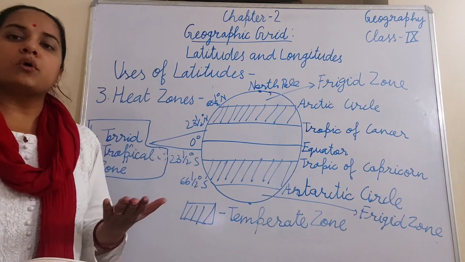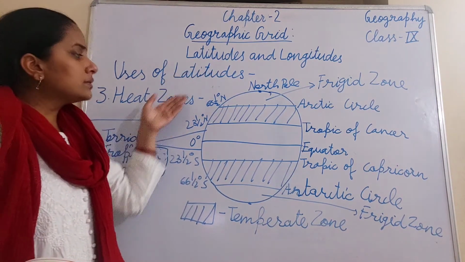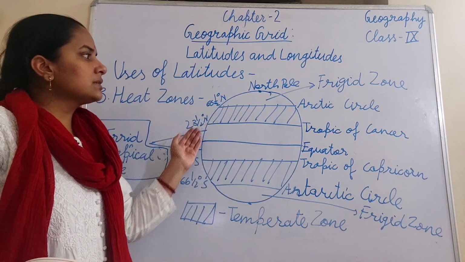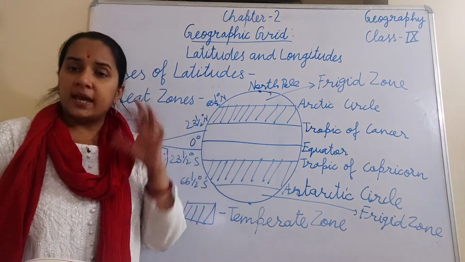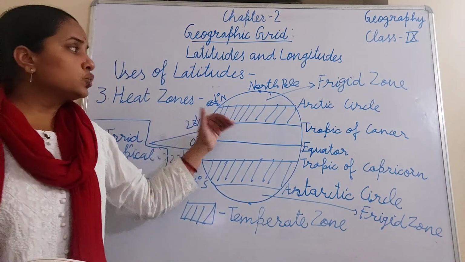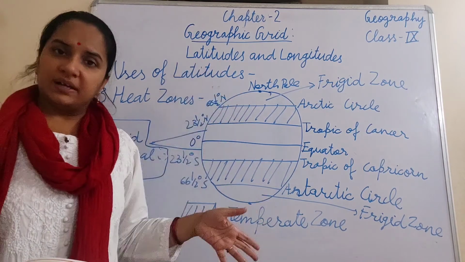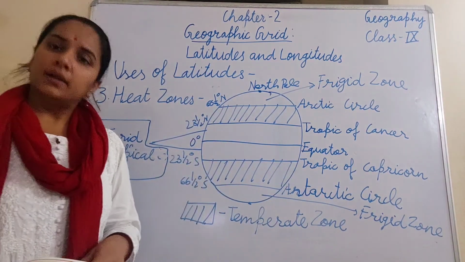And the third important use is that on the basis of the main latitudes, the whole surface of the Earth is divided into various heat zones, which helps in determining the climate. So these are all the uses of the lines of latitude.